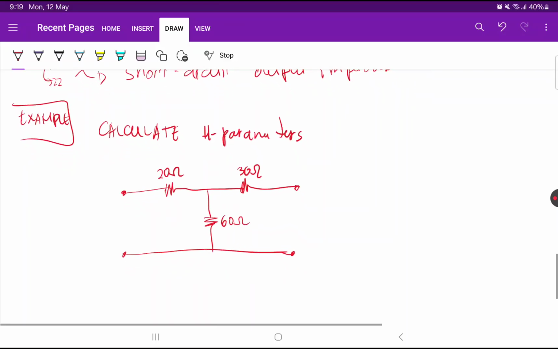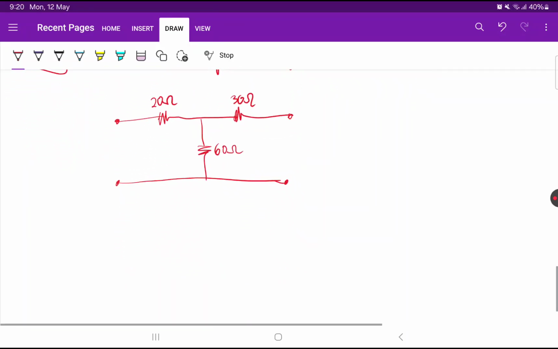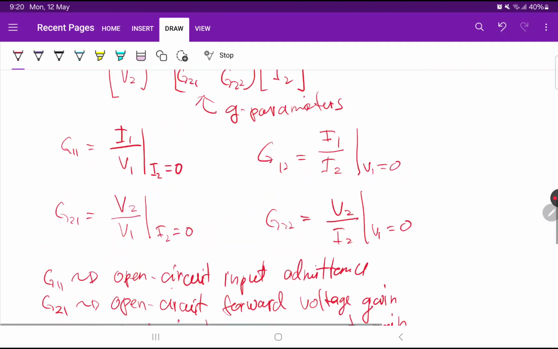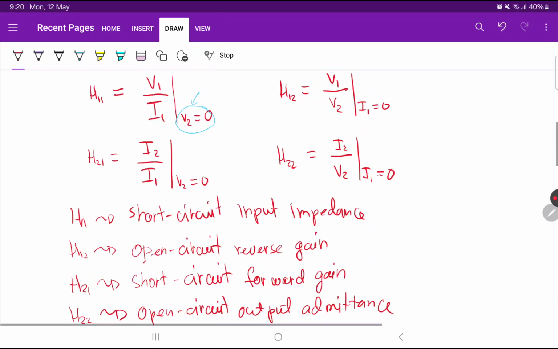So to calculate the H parameters, we can find first H11 and H21. If you look at our formula here, for H11 and H21, we make our output voltage be equal to 0. So it means it's a short circuit.